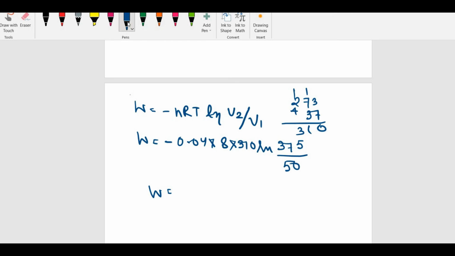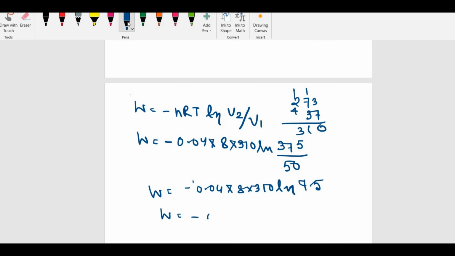Now, this should come out, it's 50 and 375, right? So minus 0.04 into 8 into 310. If you calculate this out, this should come out to be around 7.5, ln of 7.5.